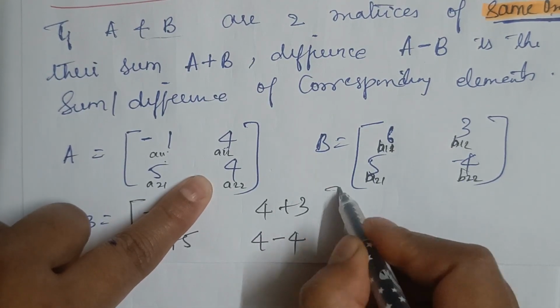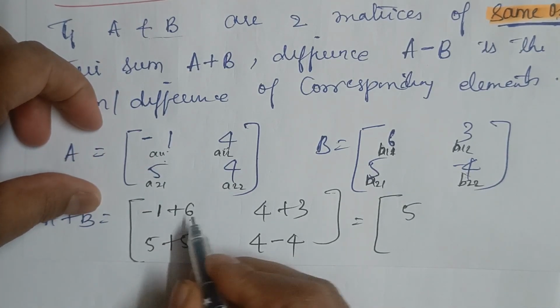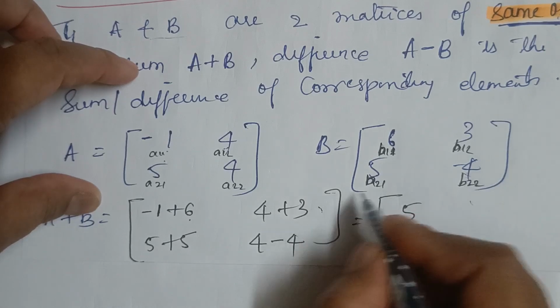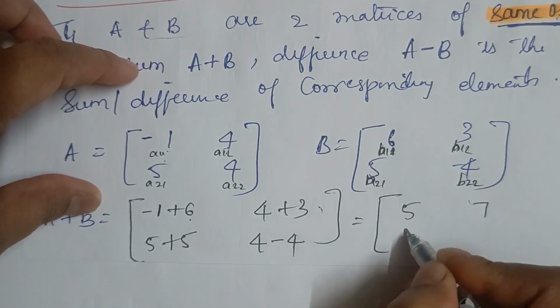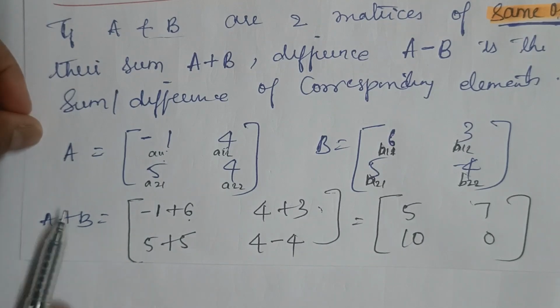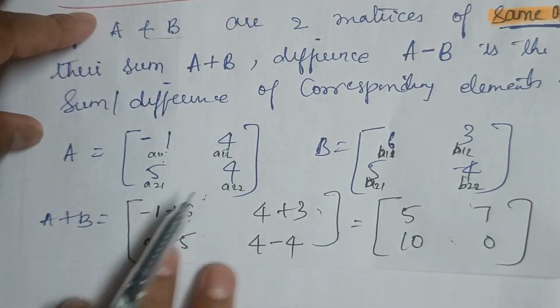So the final result is minus 1 plus 6, it is 5. 4 plus 3, it is 7. Then 5 plus 5, 10. This is 0. So this is our matrix addition of the two matrices. It should be of the same order.